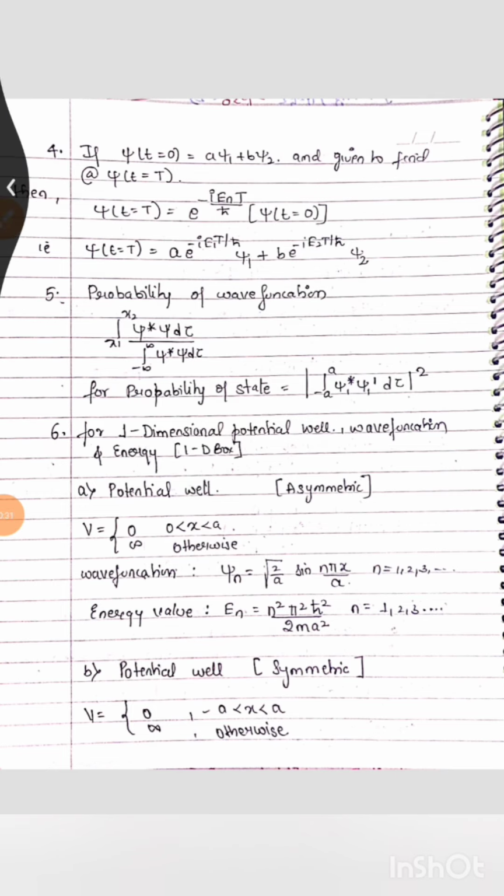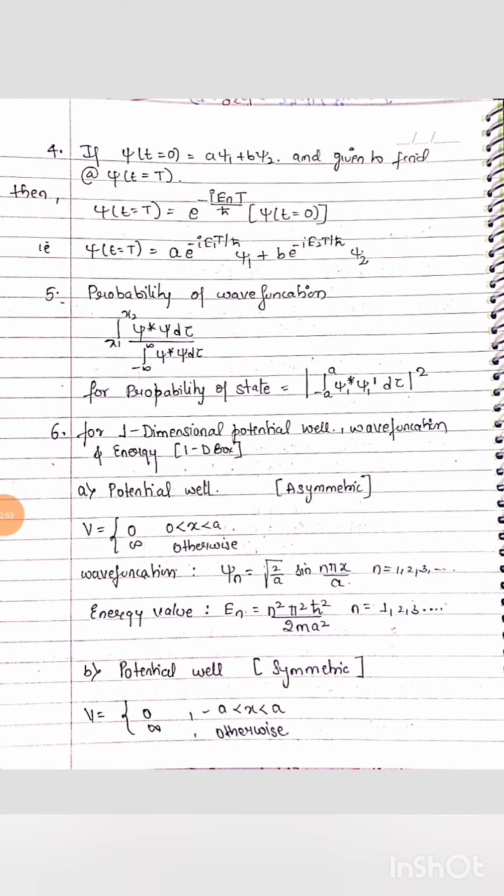If the potential well is asymmetric, then the potential is represented by V is equal to 0 for x greater than 0 and less than a, and it's infinity for the other conditions.